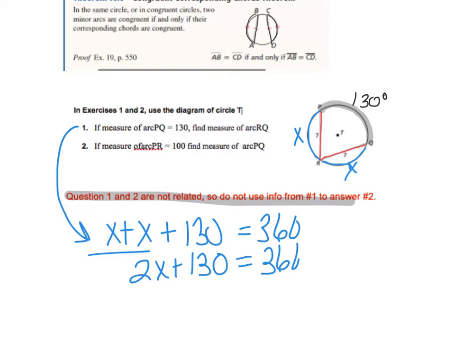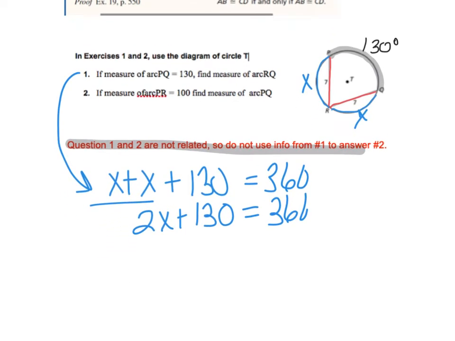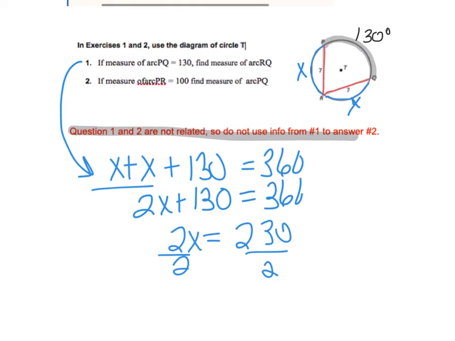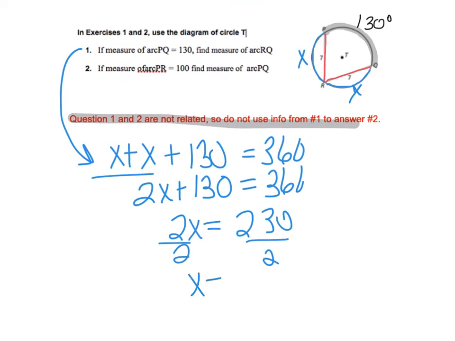If I subtract 130 from both sides, I get 2x equals 230. If I divide both sides by 2, each of those arc measures is 115 degrees. So this arc would be 115 as well as this one. Okay, so think about that.